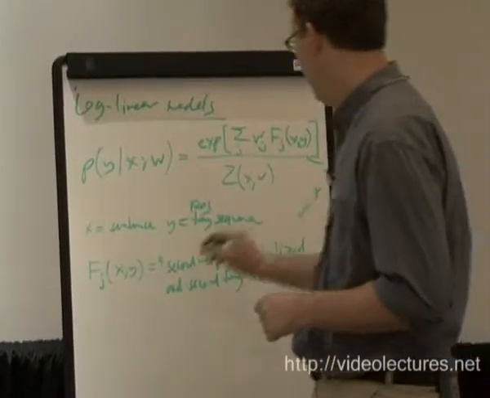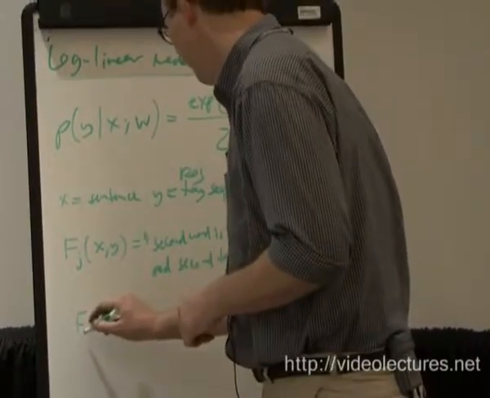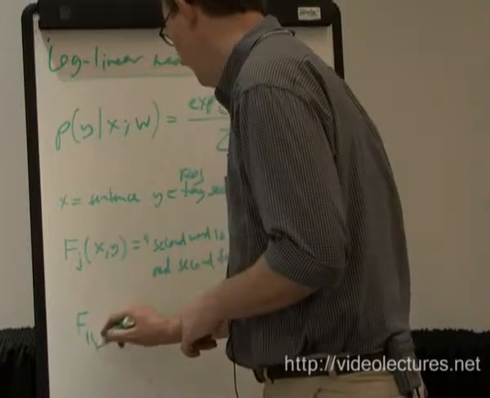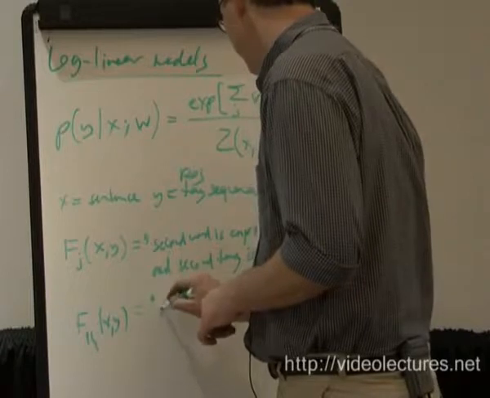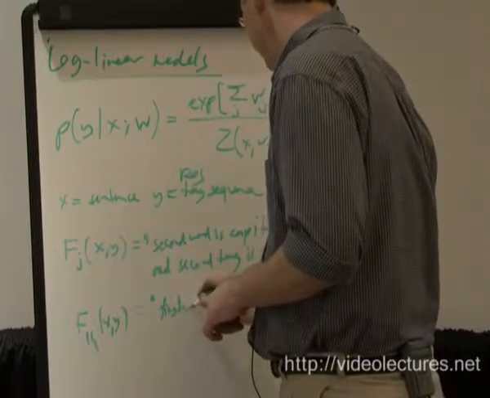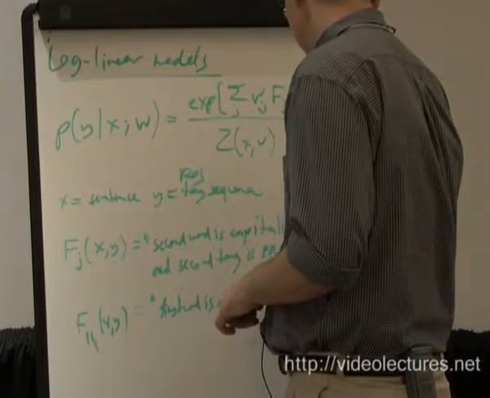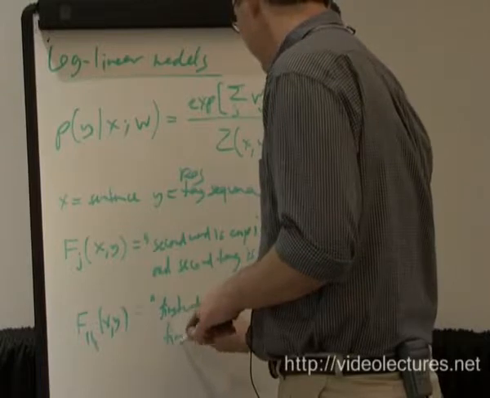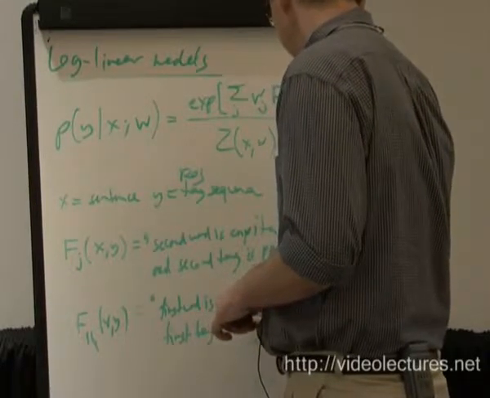So here's another feature function. f14 of x and y is first word is capitalized, and first tag is proper noun.